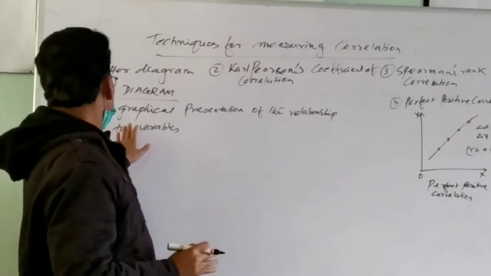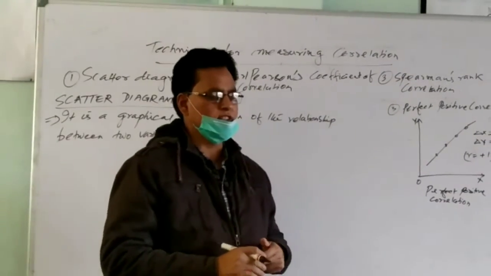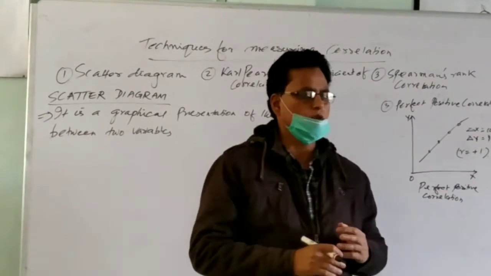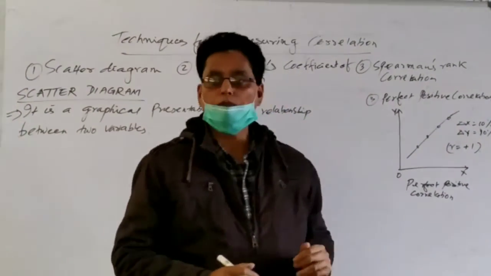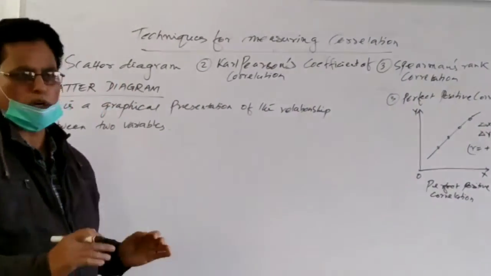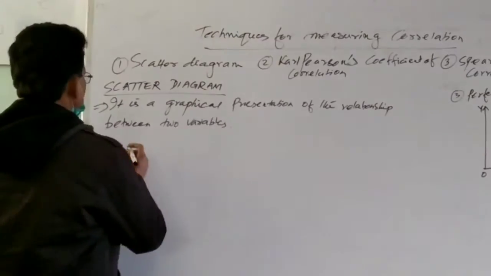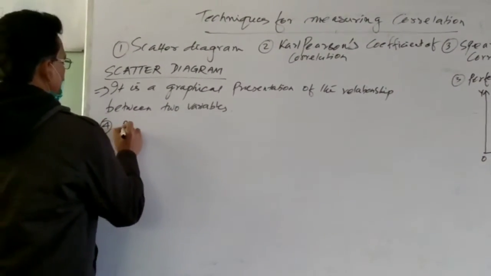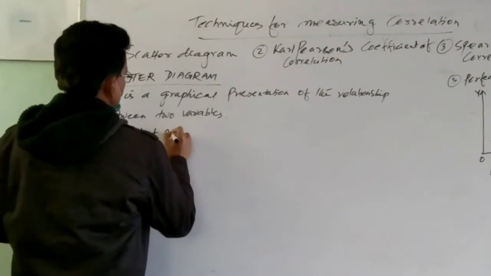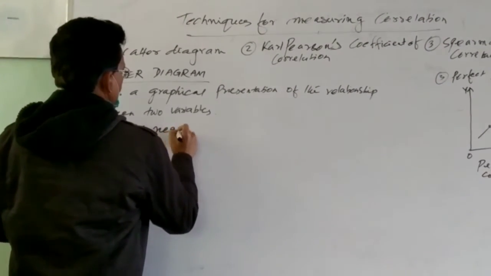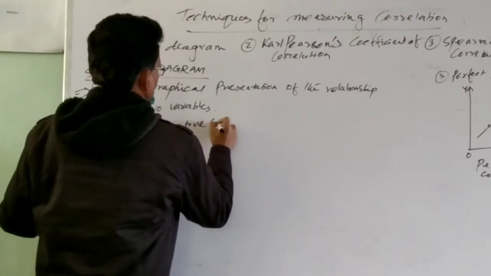First we have seen positive correlation. Second is negative correlation, third is perfect positive correlation, and fourth is perfect negative correlation.